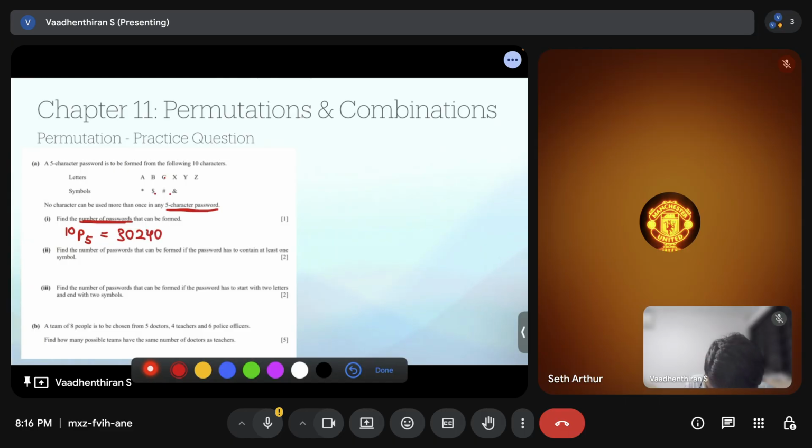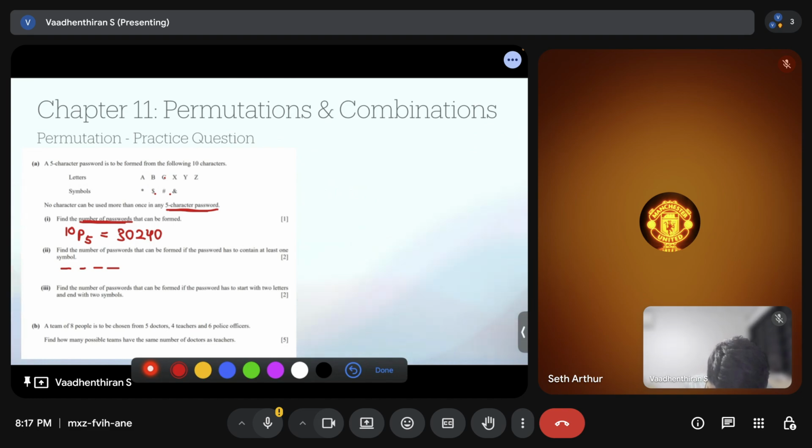30,240. And find the number of passwords that can be formed if the password has to contain at least one symbol. So this means that one symbol is already used. The rest of the 9 characters, you can choose any of them. So basically, I'll just write like this.